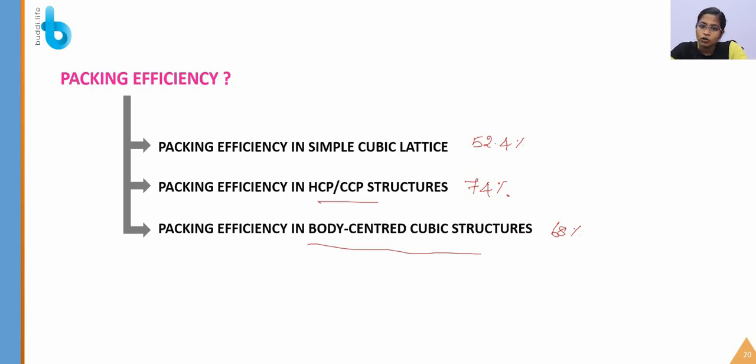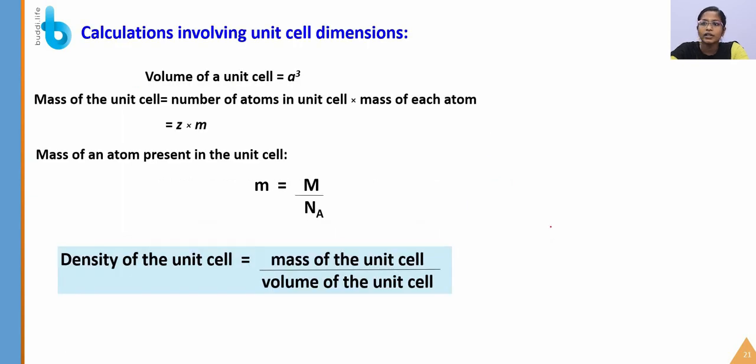So this derivation is also very important, but it is a very small derivation, and most of the times you can get the problems based on this percentage alone. Mainly they can ask 1 mark questions on the percentage of a particular cubic lattice. Okay, but also try to read the derivations, you will be able to solve it easily. Okay, and the next one is the calculations involving unit cell dimension.